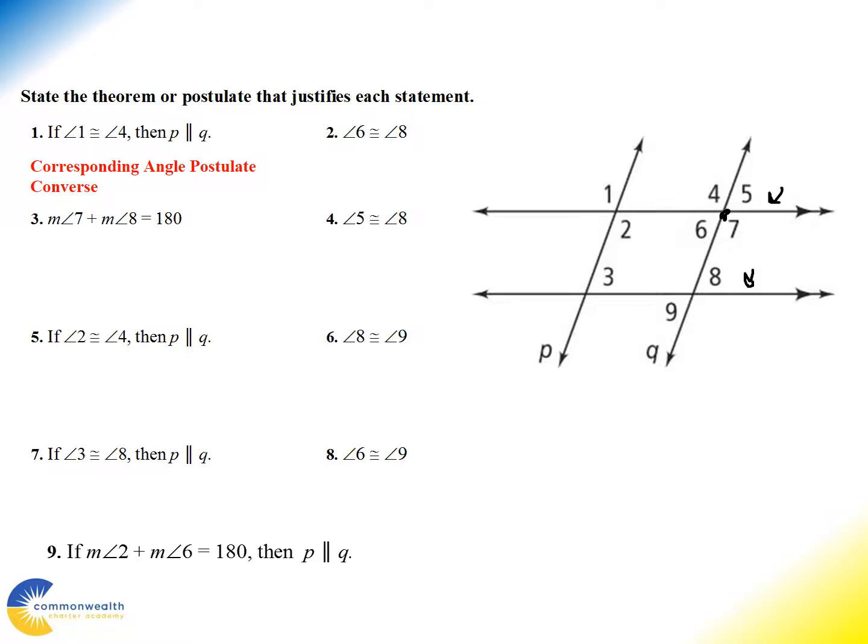With those, we know that those particular angles are alternate interior angles because they're both between the two lines. They're on alternating sides of the transversal, so they're alternate interior angles. And since we know that the two lines are parallel and the result of those being congruent, that's by the alternate interior angle theorem.